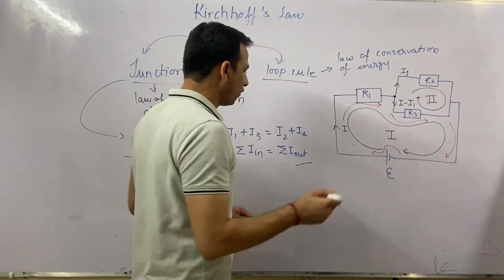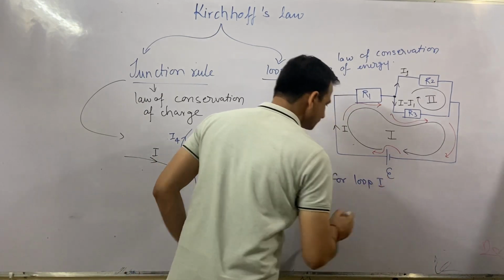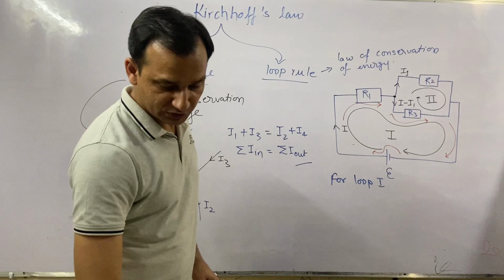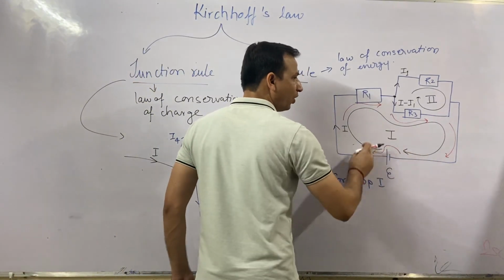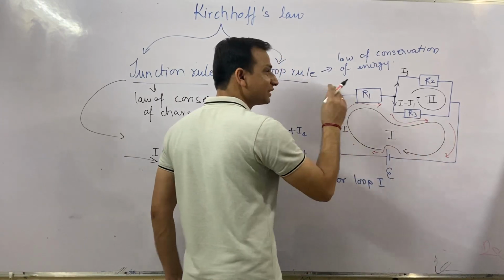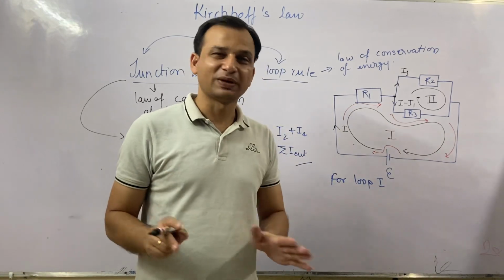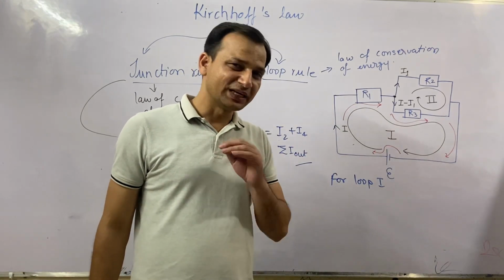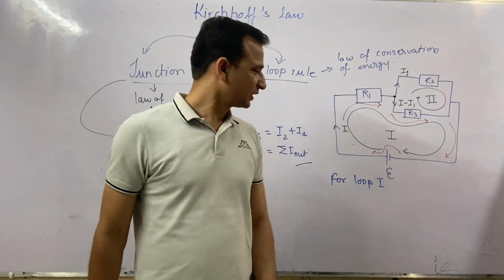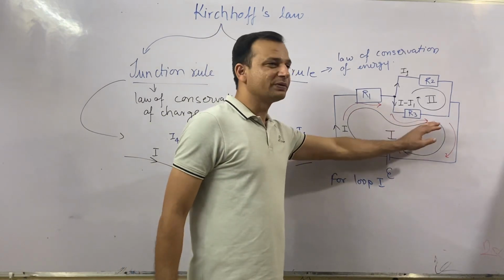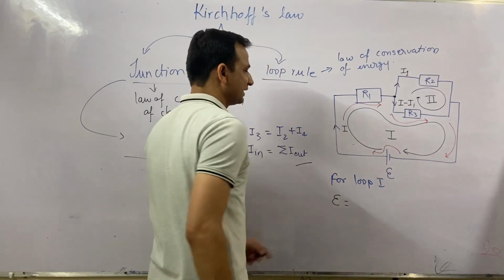So I can write here for loop 1, the Kirchhoff's loop rule. The EMF of the power supply within the loop, there may or may not be a power supply, so don't worry about that. If there is no power supply, you are supposed to write EMF as 0. So whatever is the EMF of the power supply within the loop, you will write, and here in our case it's epsilon.